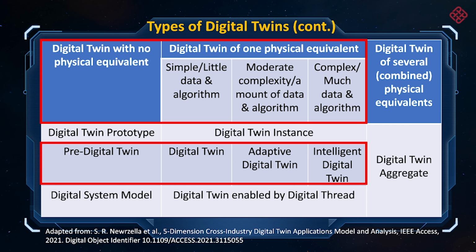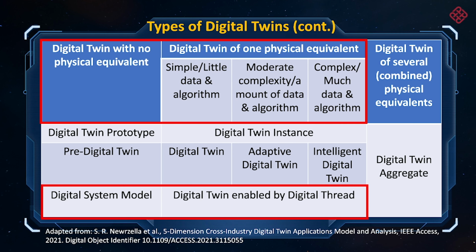Then there is a pre-digital twin system, which would have no physical equivalent, but for an ordinary digital twin, which has a wide range of data volume and also complexity in the algorithm, we nicely separate it into digital twin, adaptive digital twin, and also intelligent digital twin.